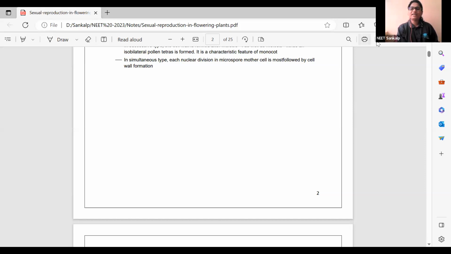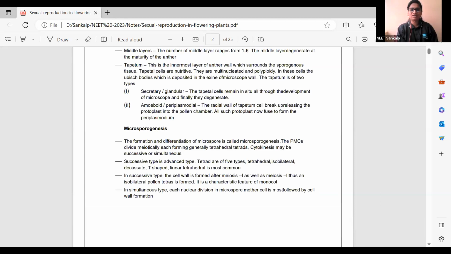Priyanka, tell me how many types of tapetum are there? It is not 4, it is 2. One is secretory or glandular, the other one is amoeboid or periplasmodial.